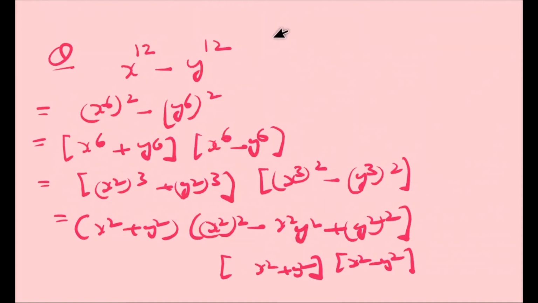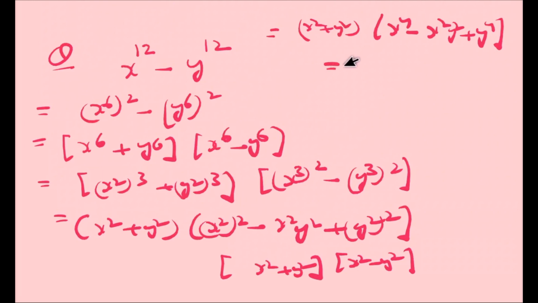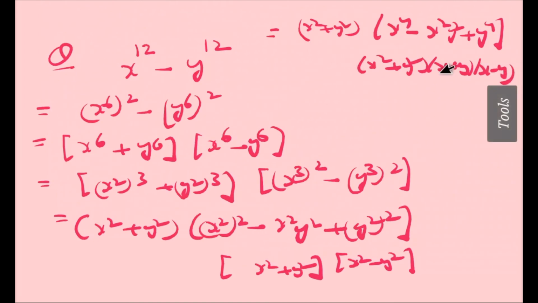So what do we get? We get here x square plus y square, and second factor x to the power 4 minus x square y square plus y to the power 4, and here again factor x square plus y square, x plus y, and x minus y. So these are 1, 2, 3, 4, 5 factors.